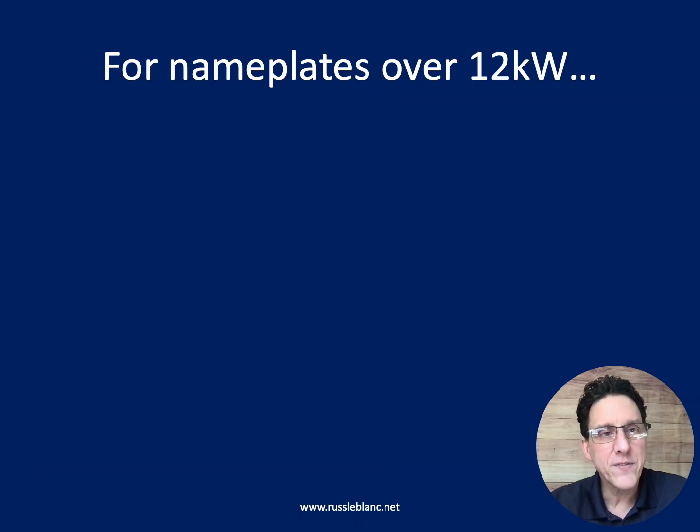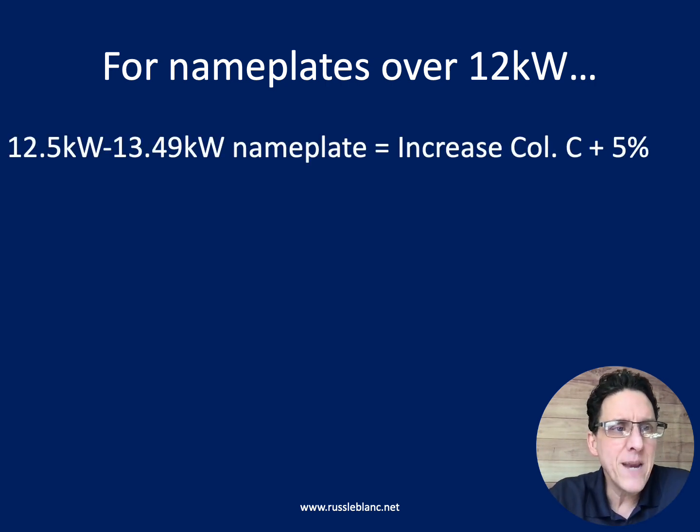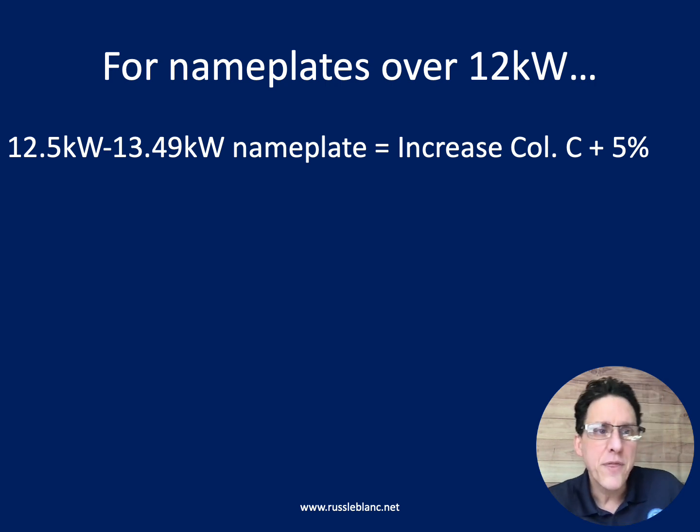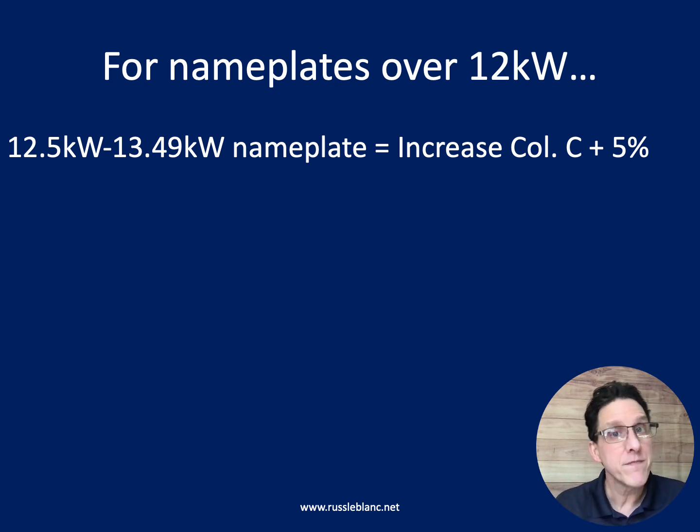Okay, I'm going to try to make this a little bit easier, because some people have difficult times trying to figure out, what percentage do we have to add to column C? Is it 5%, 10%? Where are the breakpoints? So I've kind of written it all down for you. For nameplates 12.5 to 13.49 kW, you have to increase column C by 5%.